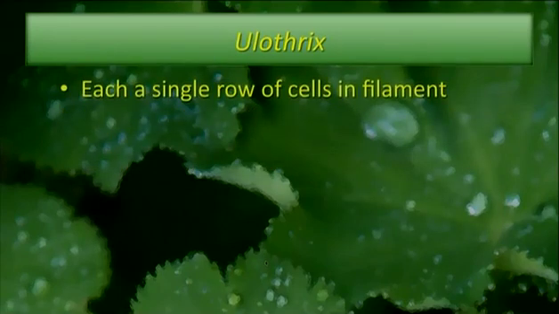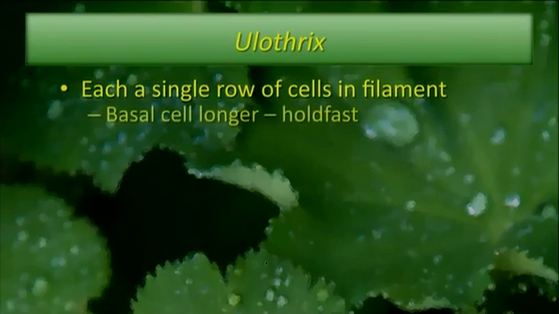Each individual Ulothrix is a single row of cells in a filament. It has a basal cell which is a little longer, called a holdfast. The holdfast attaches the filament to the substrate, whatever it's anchored to.